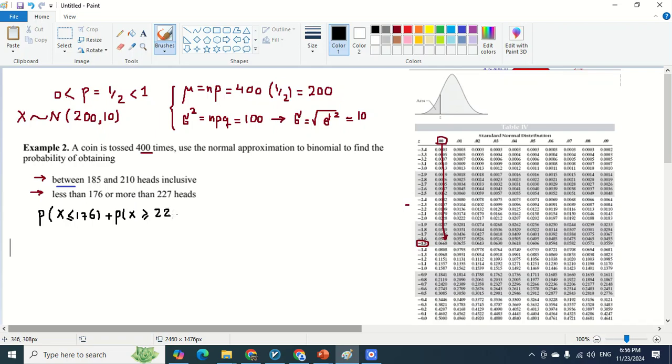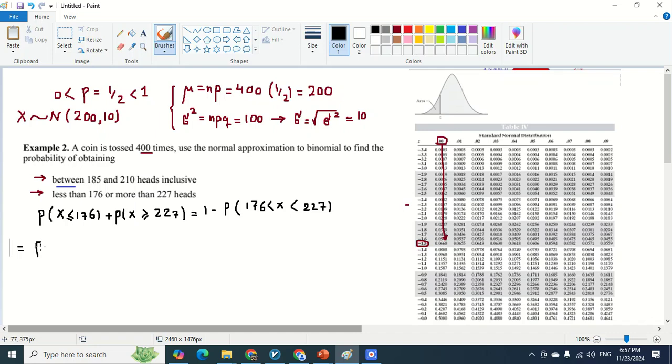You can calculate it separately by using this expression, or you can simply write the total, which is 1 minus the probability of x between these two values, between 176 and 227. You can calculate one of these expressions. The first one is easier because otherwise we want to calculate it 2 times. So let us calculate it by using the first expression.